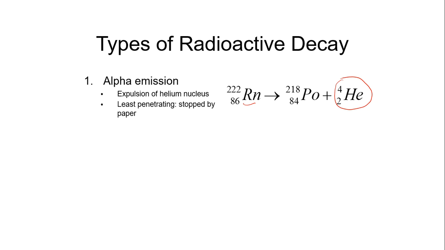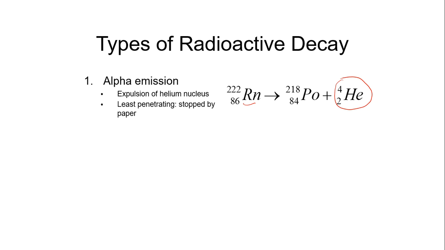And when that happens, your atomic number is 2 lower, and the mass number is 4 lower. You drop by 4.